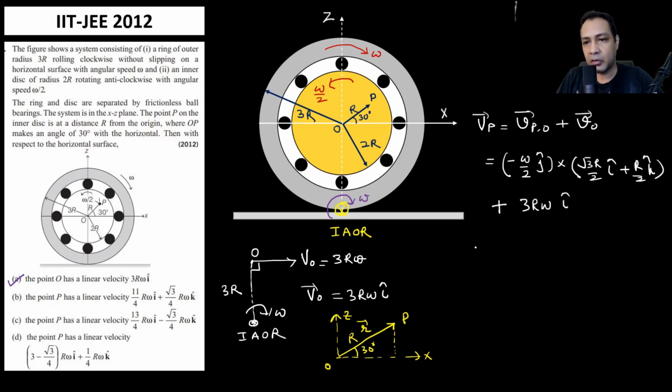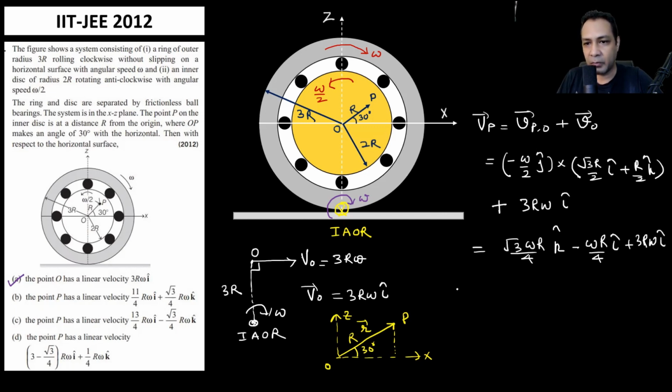i cap. Now doing the cross product: minus omega by 2 j cap cross root 3 r by 2 i cap becomes root 3 omega r by 4, and minus j cap cross i cap is k cap. Then for the other part, j cap cross k cap is i cap, and there is a minus, so the other part becomes minus omega r by 4 i cap, and then we also have 3r omega i cap.